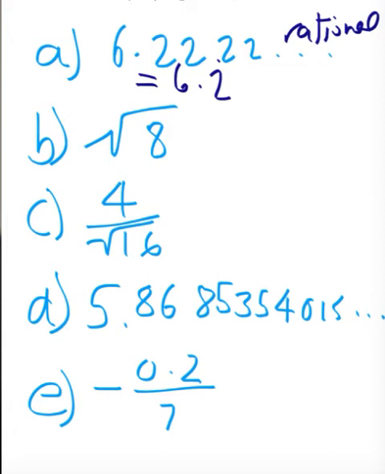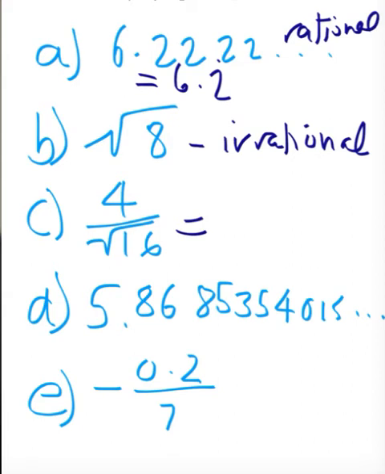If I put the square root of 8 in my calculator, it'll give me 2.828 and so on. So this is irrational. It's an irrational number because the decimal of this answer has no pattern and goes on forever. So with C, I've got 4 over the square root of 16.